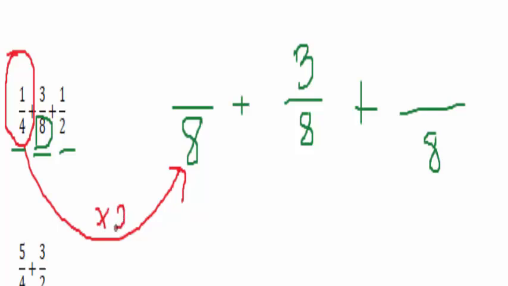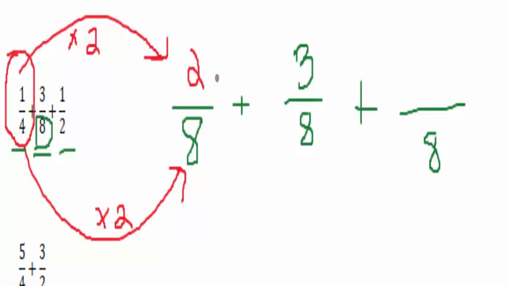So since I multiplied the denominator by 2, I have to multiply the numerator by 2, and 1 times 2 is 2. And we should look at this and automatically know that 2/8 is 1/4. So again, I'm not making it a different amount or quantity. It is still 1/4 is 2/8. It's the same amount.